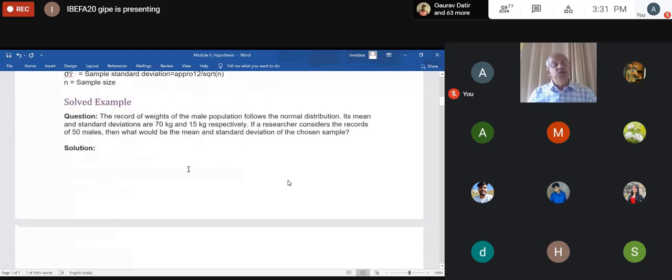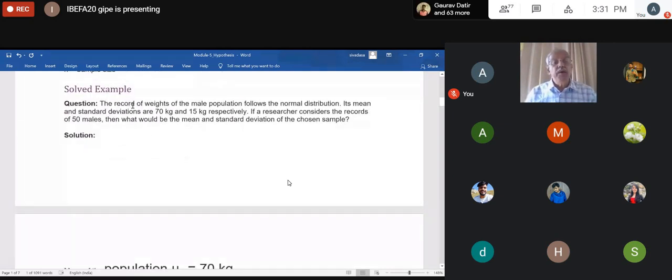An example is also shown. The record of weight of the male population follows a normal distribution. Its mean is 70, standard deviation 15. If a researcher considers the records of 50 males out of it, then what would be the mean and standard deviation of the sample?